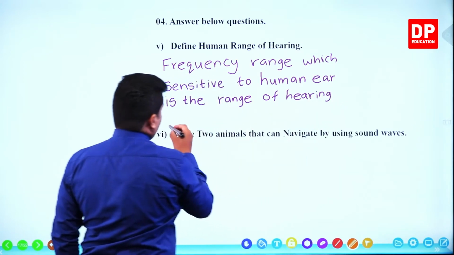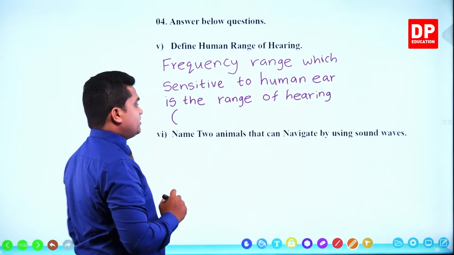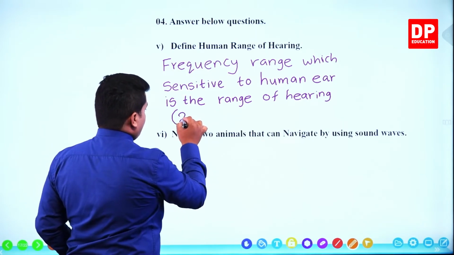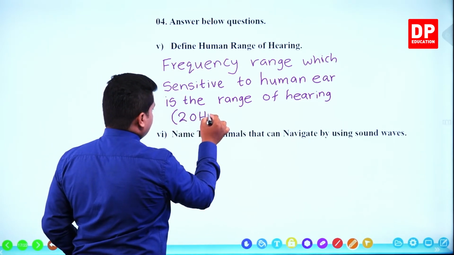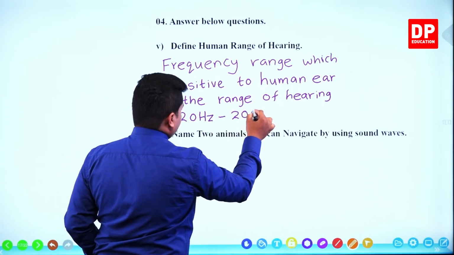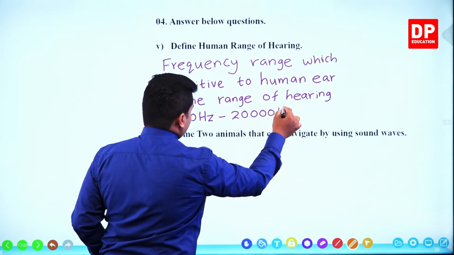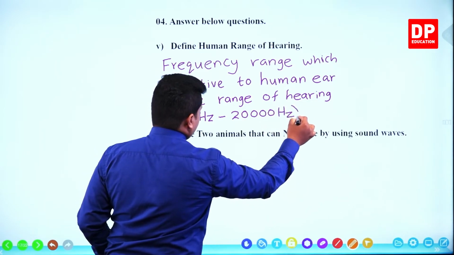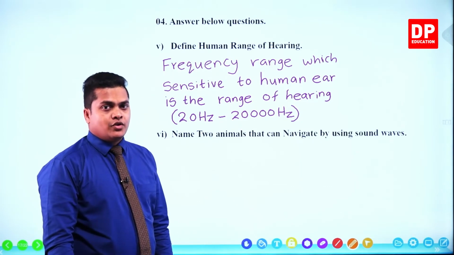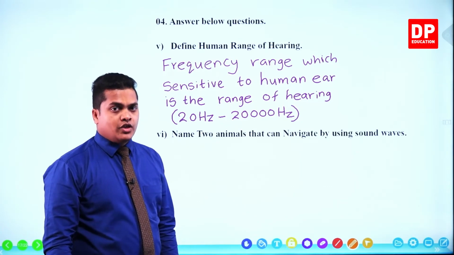Within brackets, if you want, you can include the hearing range of a human, which is from 20 Hertz to 20,000 Hertz. From 20 Hertz to 20,000 Hertz is the normal hearing range of a human being.